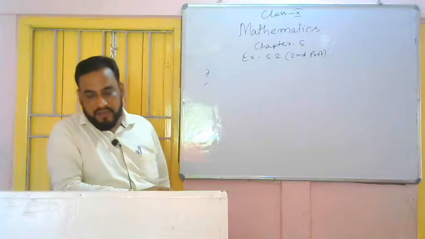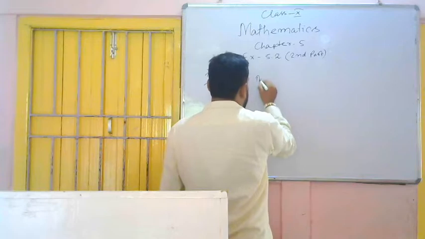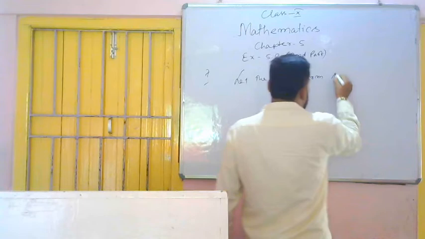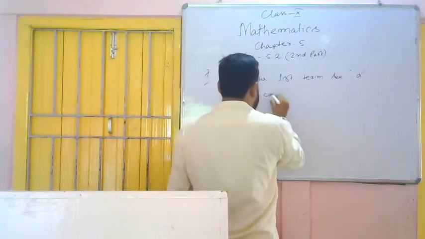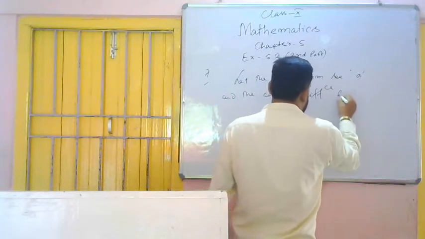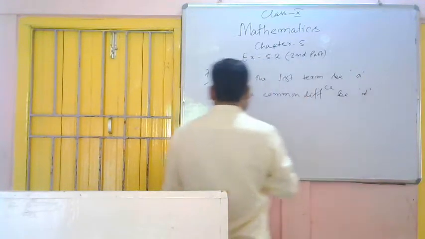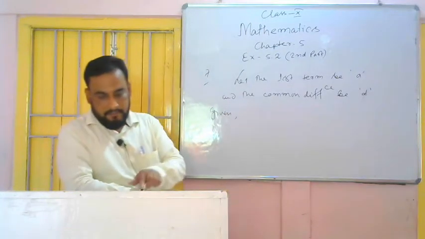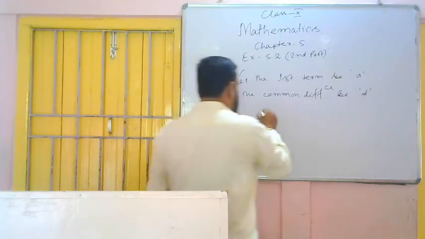So first of all we will consider the first term and the common difference. Let the first term be A and the common difference be D. So given 11th term is 38.